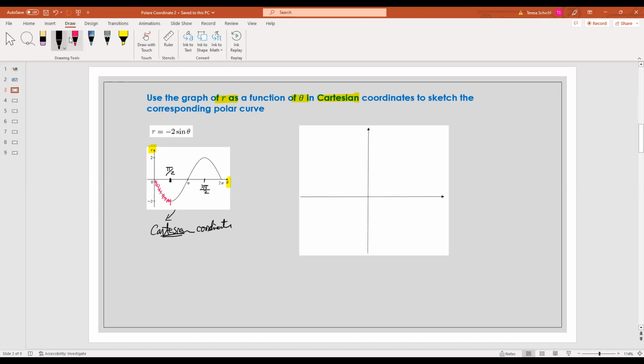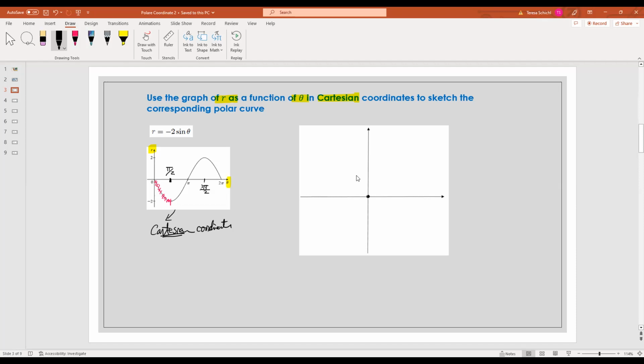When it's 0, this is zero, right? And to pi over 2, it starts increasing, getting bigger and bigger to -2. Be very careful here, because this is a negative value, because this is a Cartesian graph. So for example, the first point I start with 0.